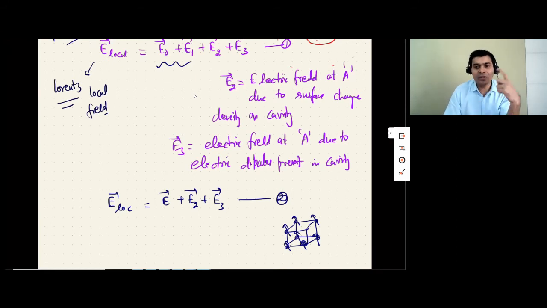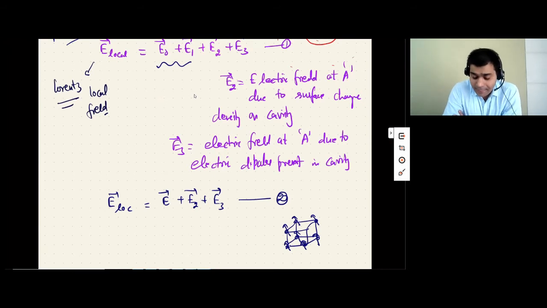Because of the symmetry of this structure, if we calculate the electric field at, for example, the origin, it turns out to be precisely zero. So E3 comes out to be zero for the cubic crystal. It means the Clausius-Mossotti equation that we are going to derive from this discussion is valid only for a cubic crystal.